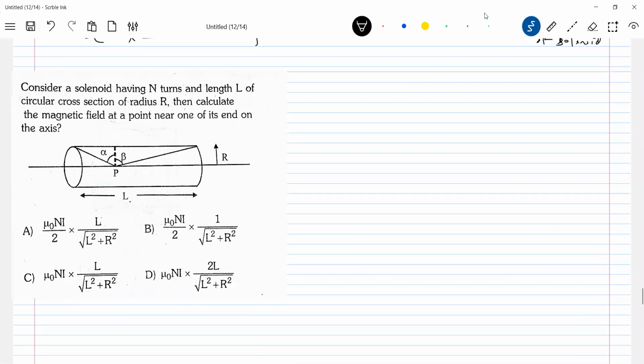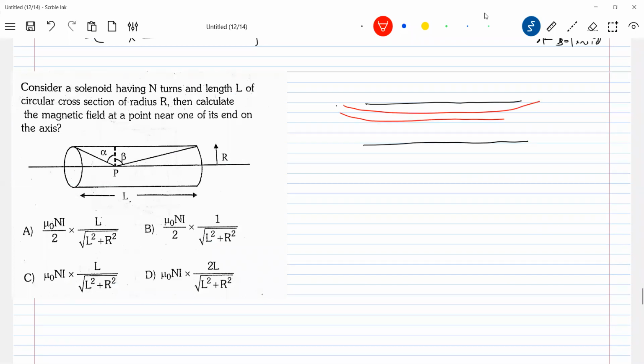The field we have to show practically, we can check it. For a long solenoid, the field will be almost constant.